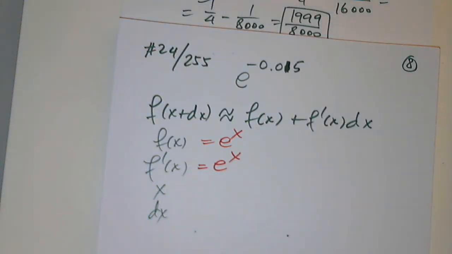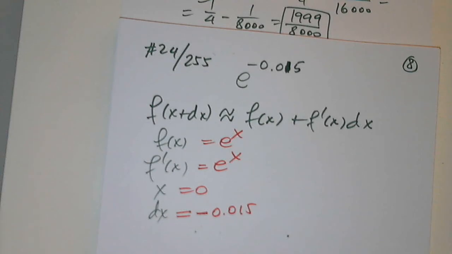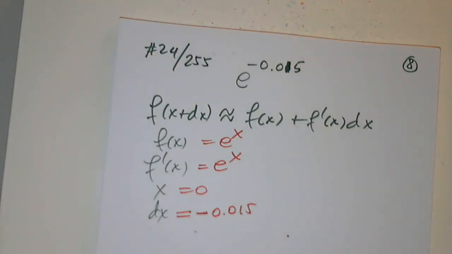Of course. X. I have to identify x, and I have to identify the error. 0. Exactly. Excellent. And what is the error? 0.015. Yes, but negative. Excellent. Great job. Everything else is a piece of cake.